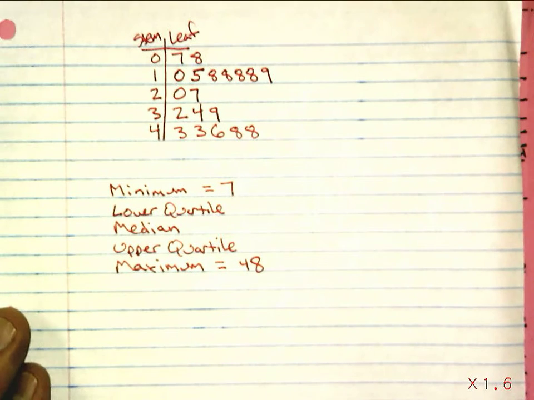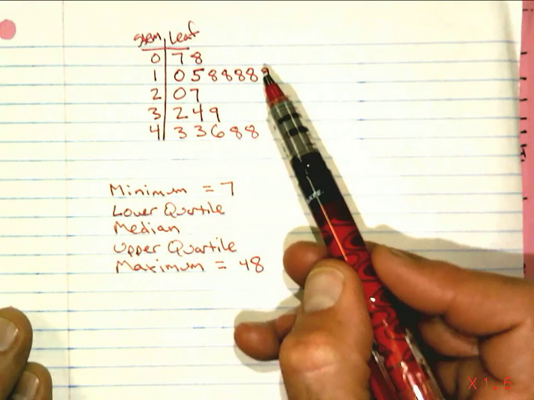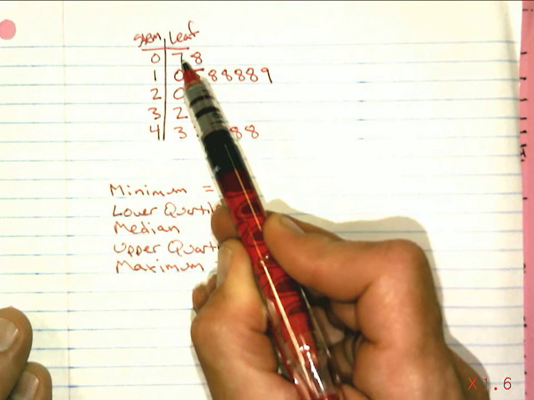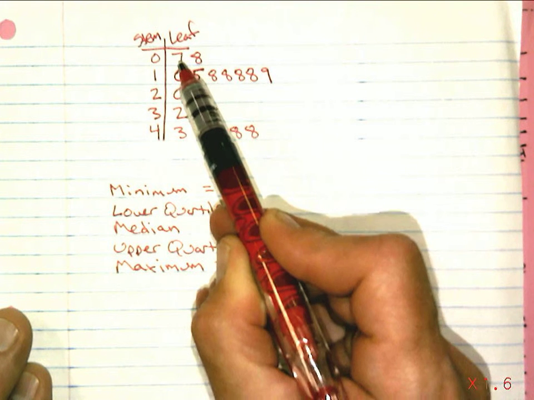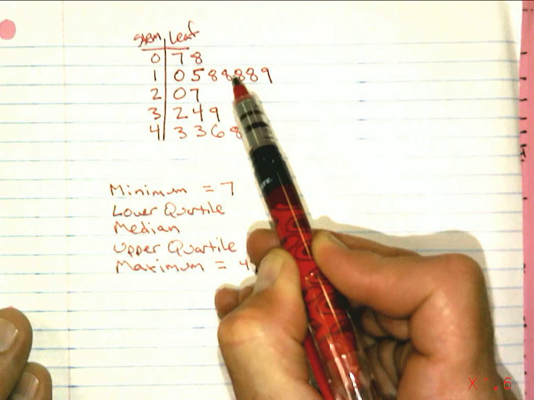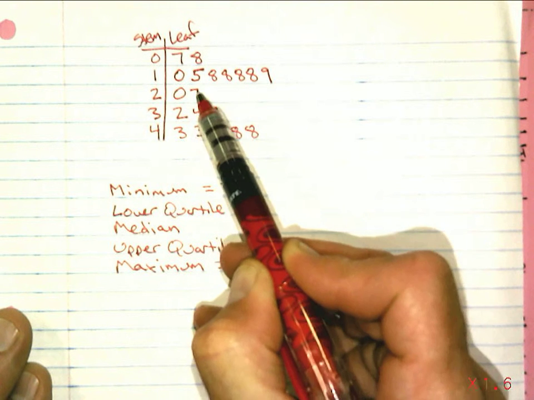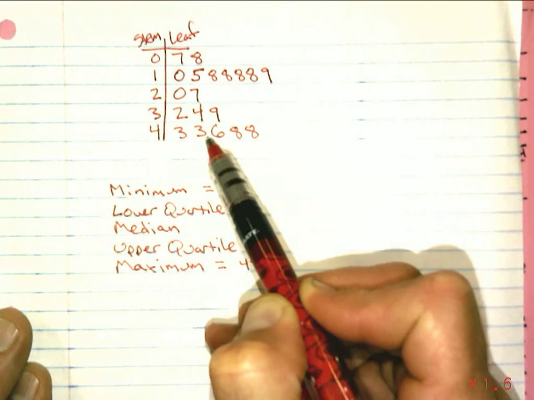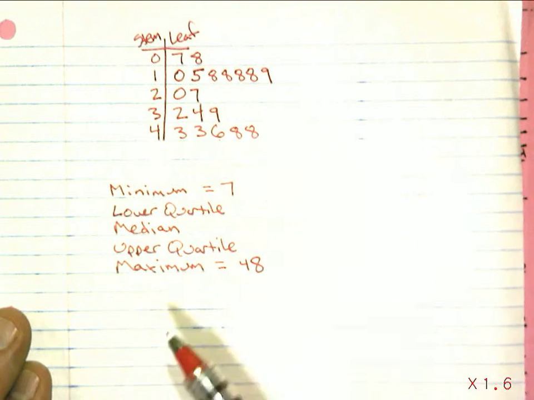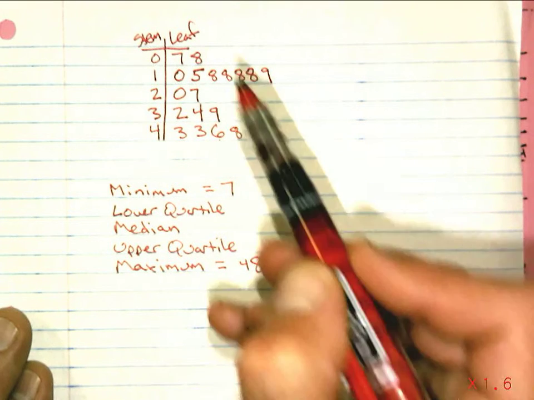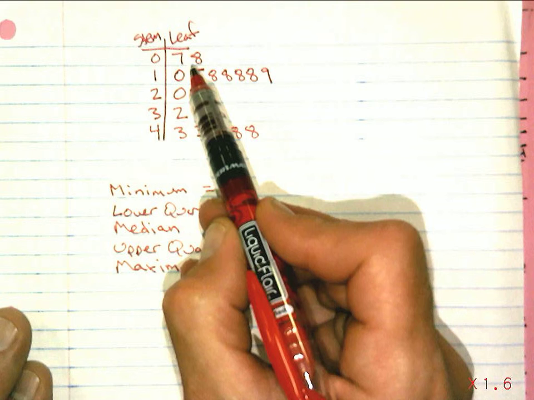And then I'm going to go to the middle number in the data set. One of the ways to do that is just to count how many numbers you have: 1, 2, 3, 4, 5, 6, 7, 8, 9, 10, 11, 12, 13, 14, 15, 16, 17, 18, 19. If you have 19 numbers, the middle number is the 10th number in the set.